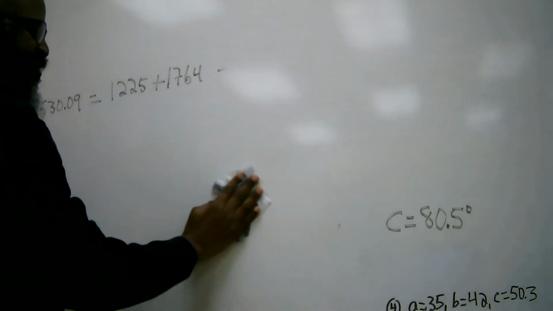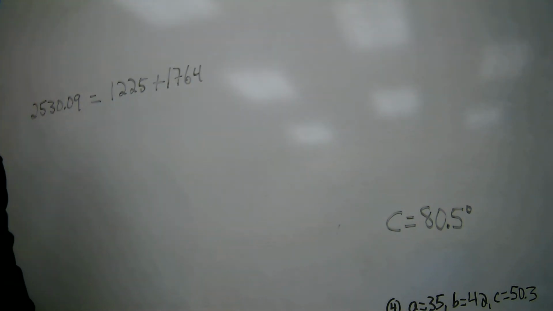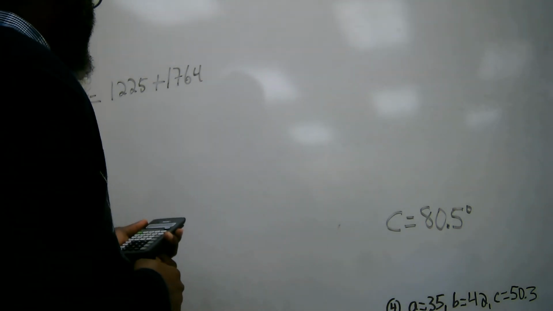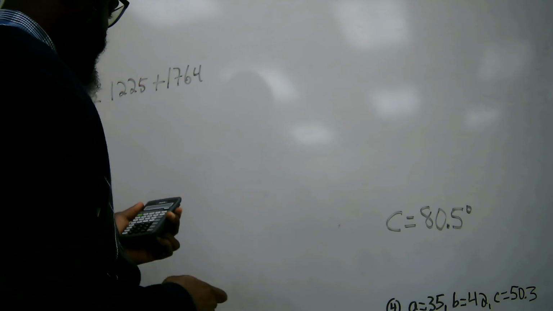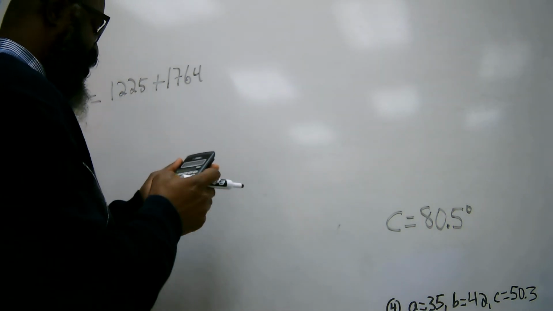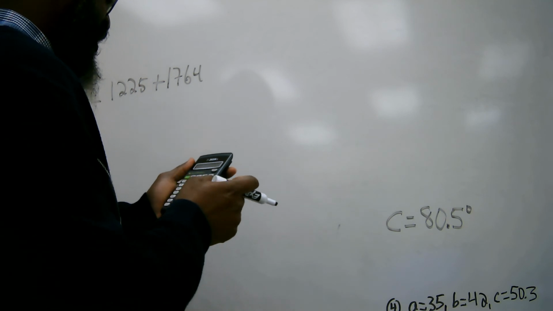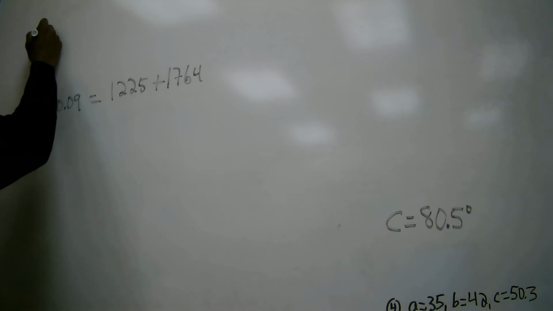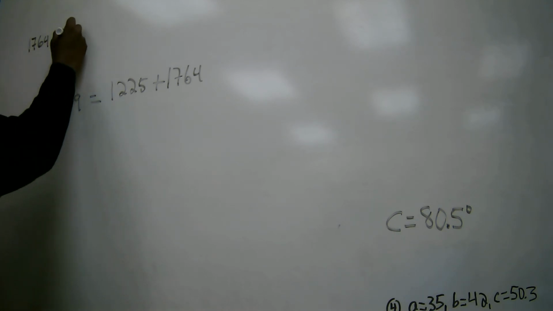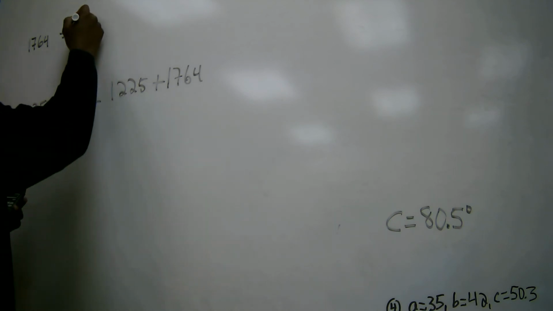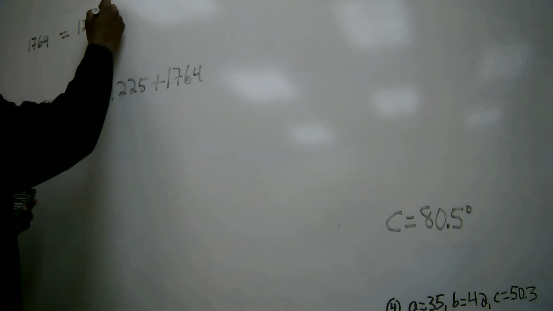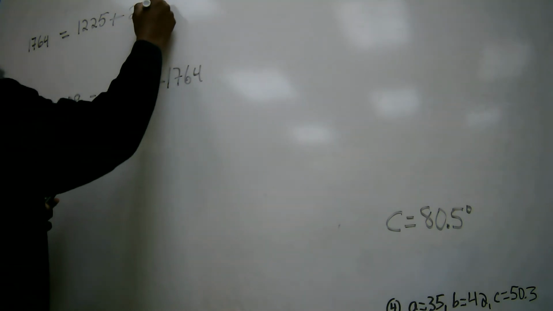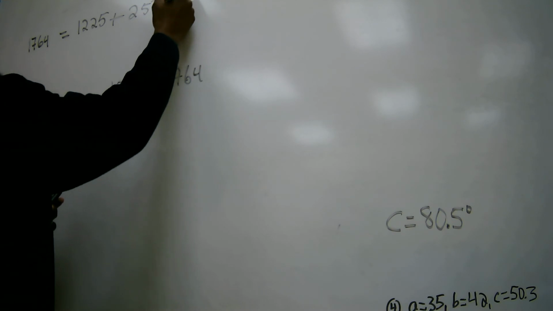Alright, I'm going to look for angle B. That will be B squared, that will be 42 squared. B squared, 42 squared was 1764, is equal to 1225 plus 2530.09.